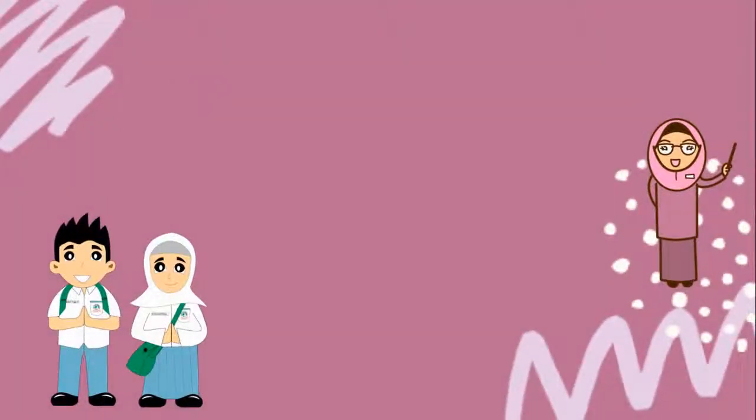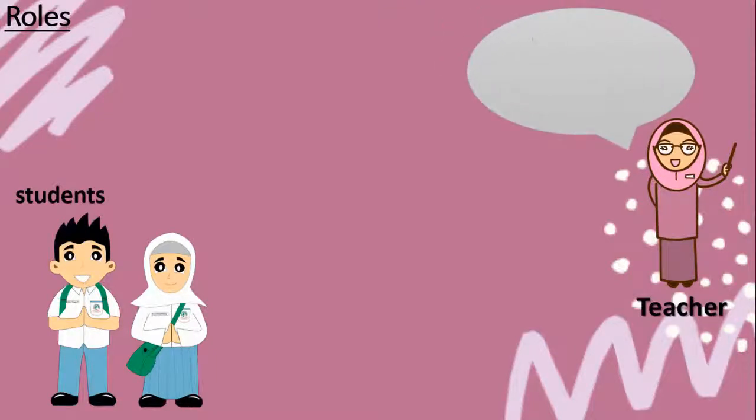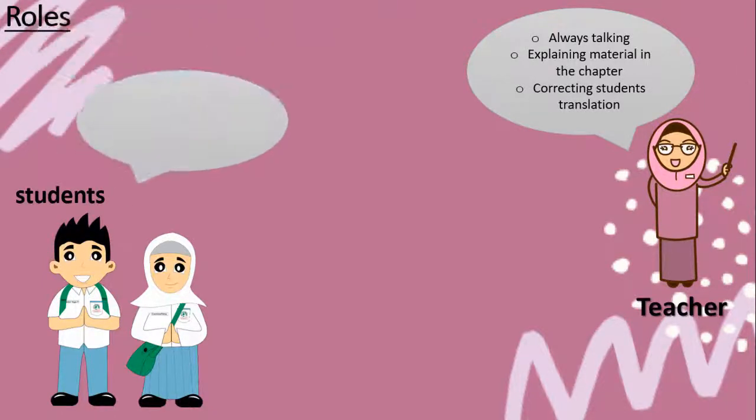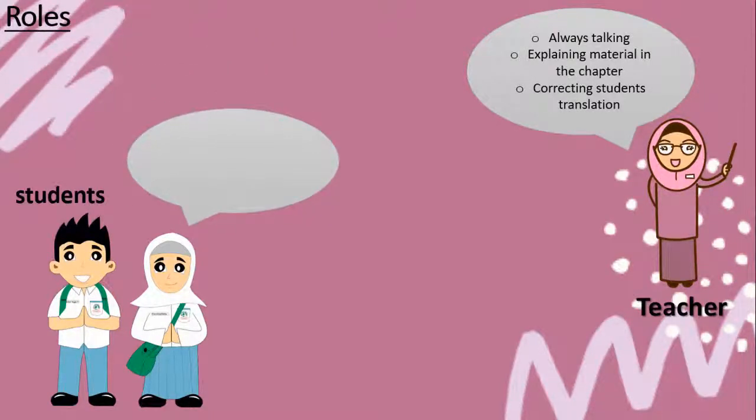The rules of the grammar translation method: the teacher is always talking, explaining the material in the chapter, and correcting students' translation. For students, it is just asking and answering the questions from the teacher.